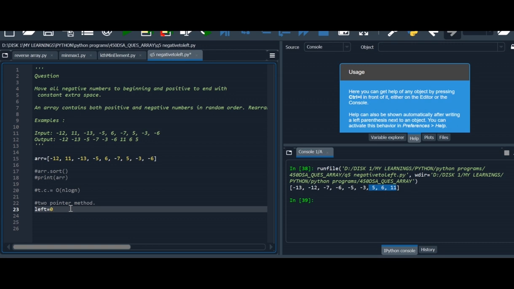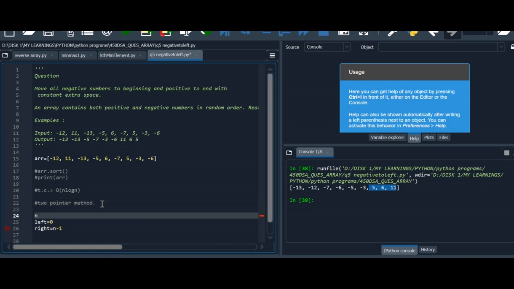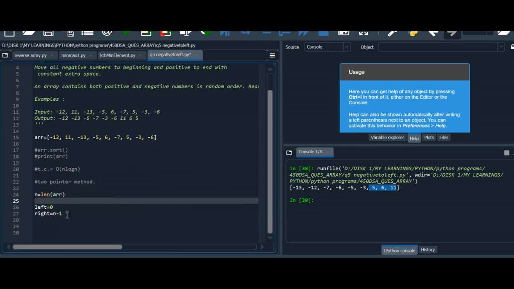Let left be equal to 0 and right be the last one, that is n minus 1. What is the value of n? n is equal to the length of the array.